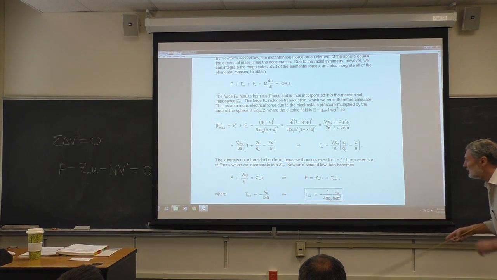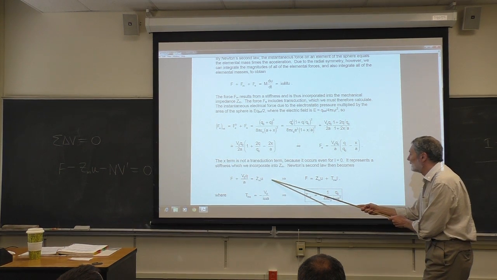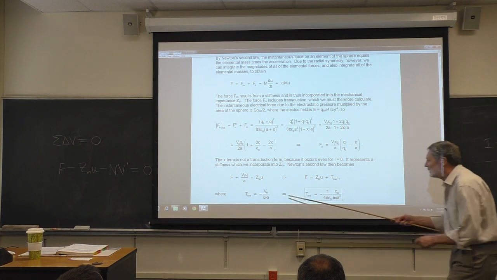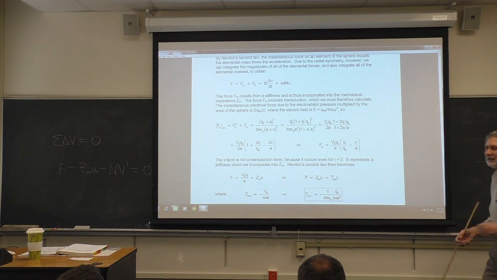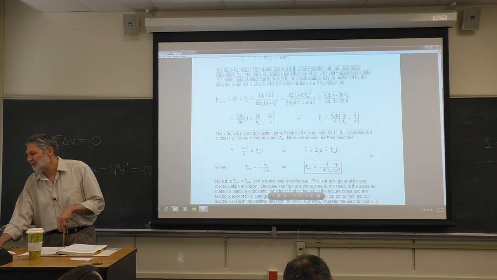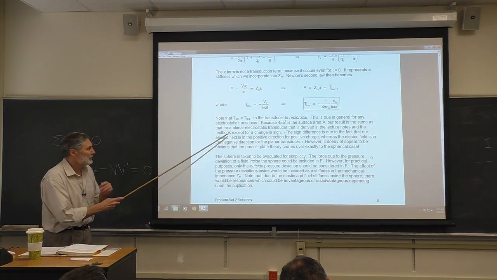We get that. And now, when you bring this over here, it becomes minus, and there's an i omega floating around. So this is our transduction coefficient, and it's identical to the previous one, up to the minus sign there. And I think I understand why the minus sign is there, and you can look in here.